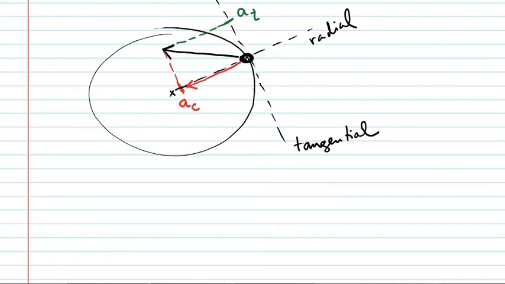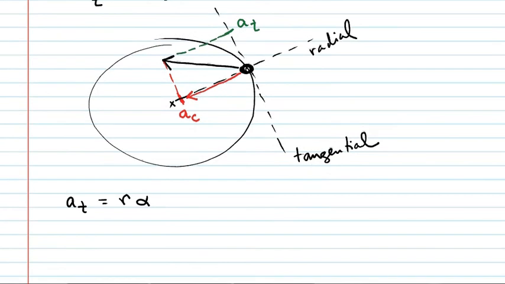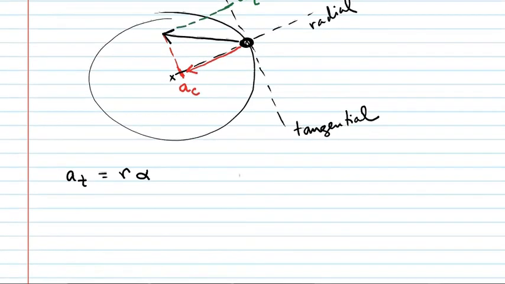And in fact, the tangential acceleration continues the pattern that we established above. The tangential acceleration is going to be the distance to the axis of rotation times the angular acceleration. The pattern holds up.